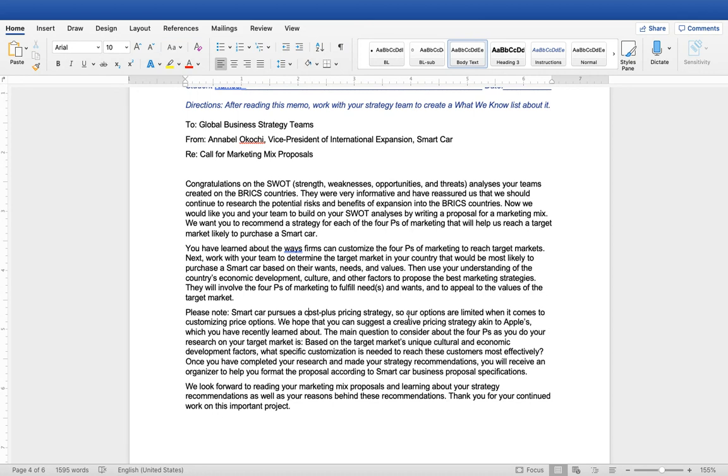If you want to position it as a luxurious vehicle, you might want to try the premium pricing strategy for that particular market. Whichever option you choose, make sure you explain why that particular pricing strategy and how that aligns with the target market that you've identified.